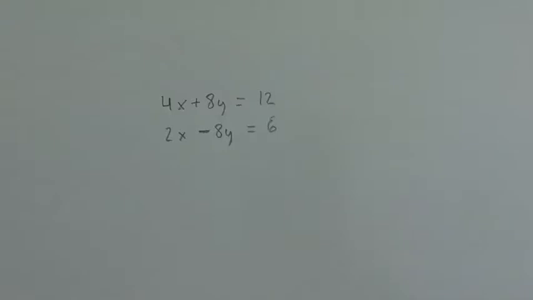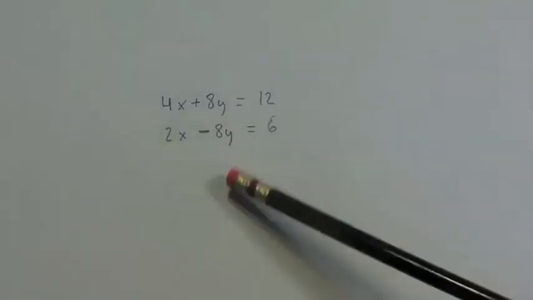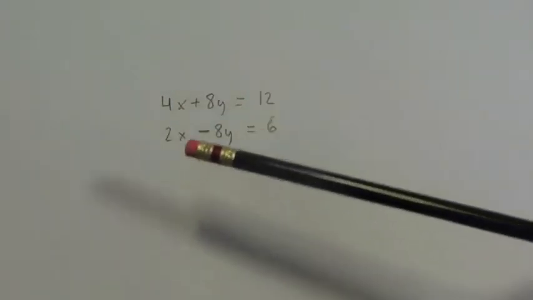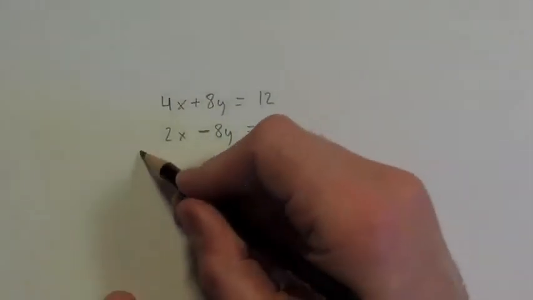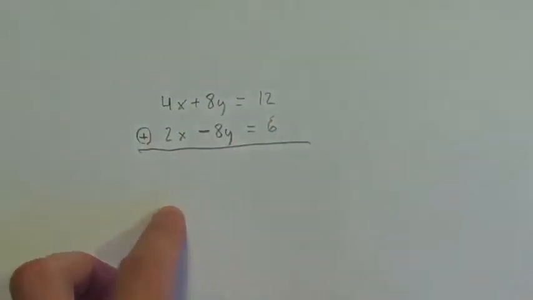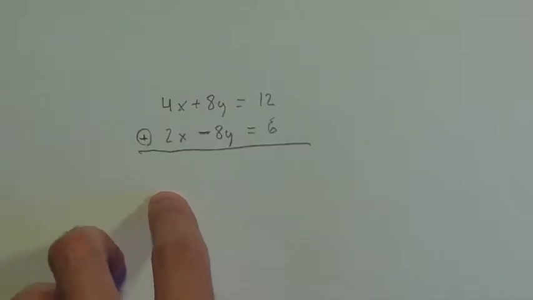When I look at this, my first thinking is to use the addition method, because I see that the 8y's will cancel when I add these together. If I were to just add these two equations together, I would get a new equation.